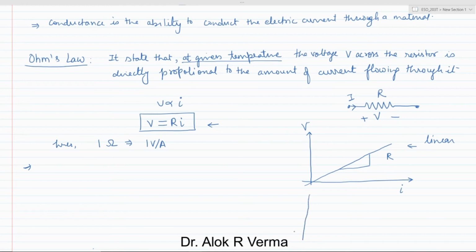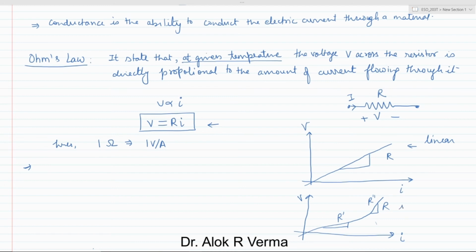Normally in practical cases, we will find some non-linear behavior. So the resistance will keep on changing. The slope here is different, and the slope here is different. So R is here R1, and here is R double prime.